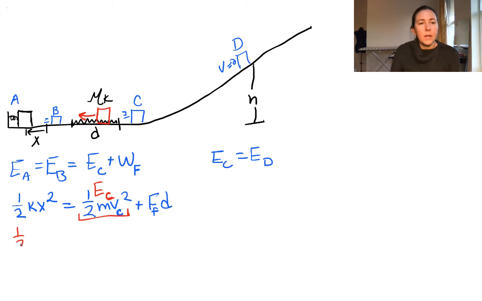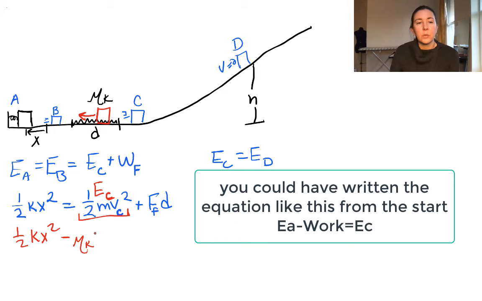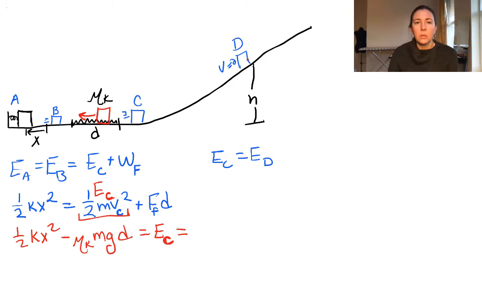Okay, so 1/2 kx squared, I'm going to move this to the other side, minus mu sub k times the normal force, which is just the mass times the gravitational field strength, times the distance that it travels, equals the energy at C. Now, the energy at C equals the energy at D, so that's going to be equal to mgh.